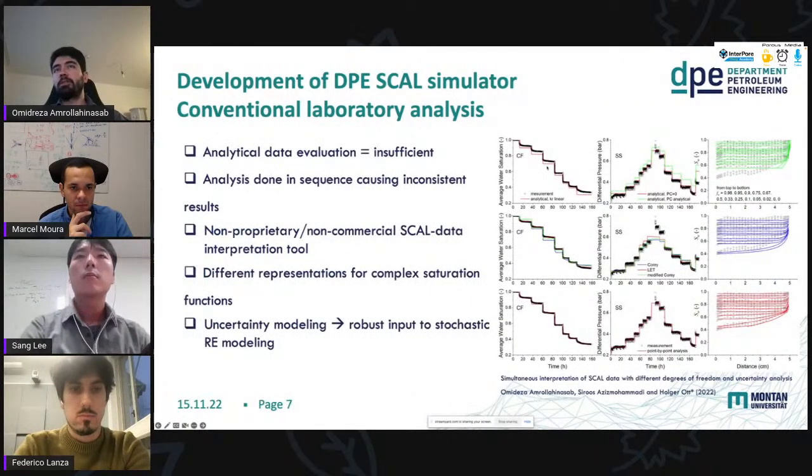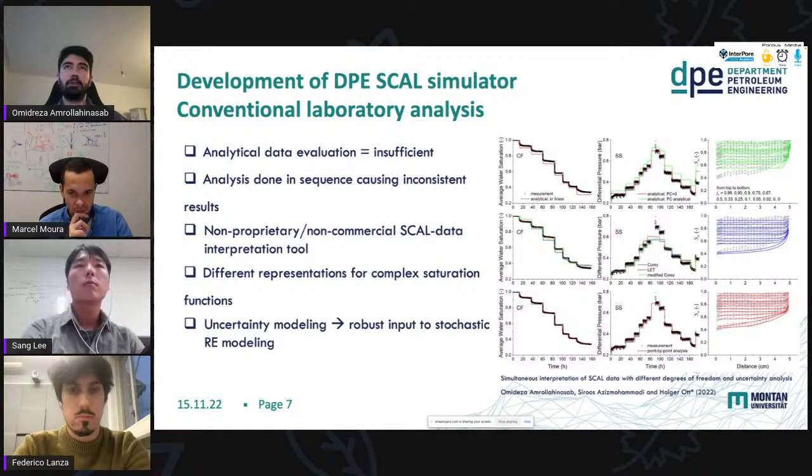the analytical solutions that we talked about, now here I show the problems with them. For example, with the centrifuge in the top figure, you can see that if you try to get your PC with these methods, you are off your measurements.